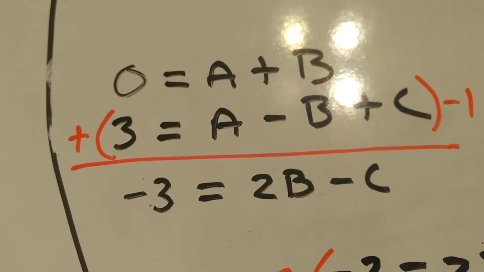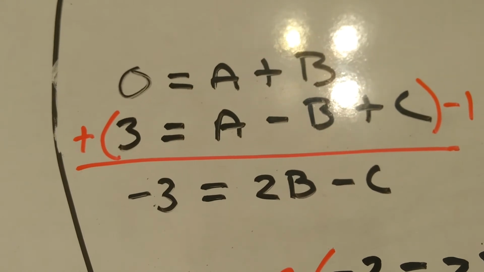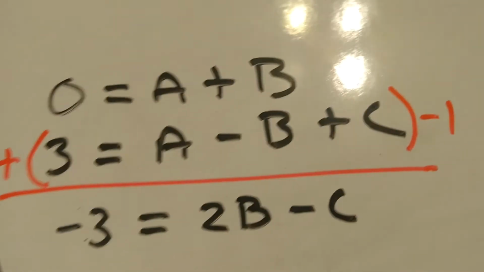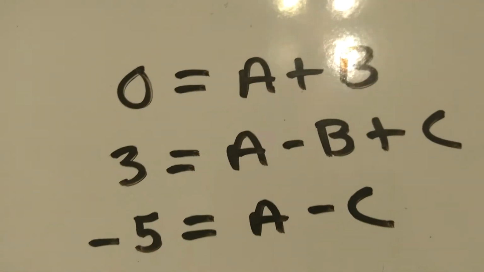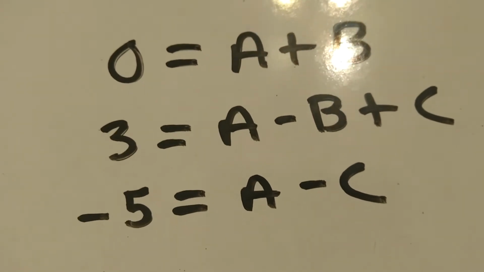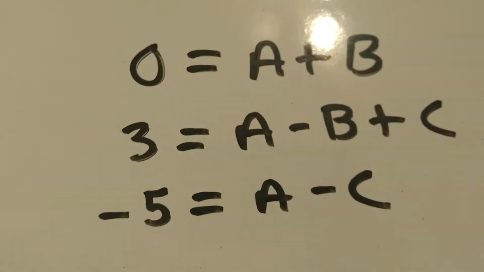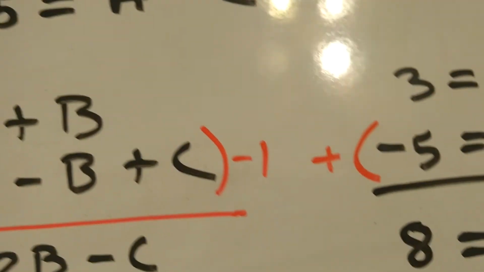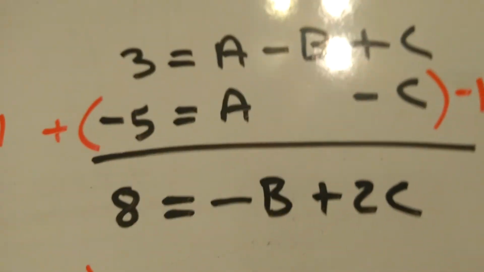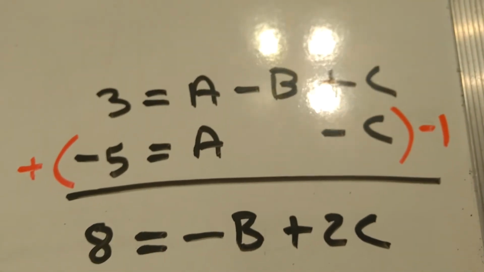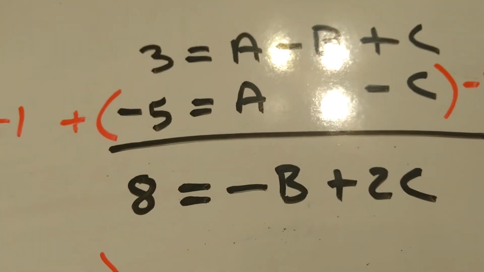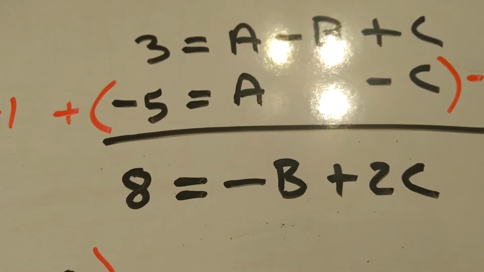I get negative 3 plus 2B minus C. Then I'm going to take the middle equation with the bottom equation, and I'm going to multiply that bottom equation by minus 1. Add them together, and I get 8 equals minus B plus 2C.